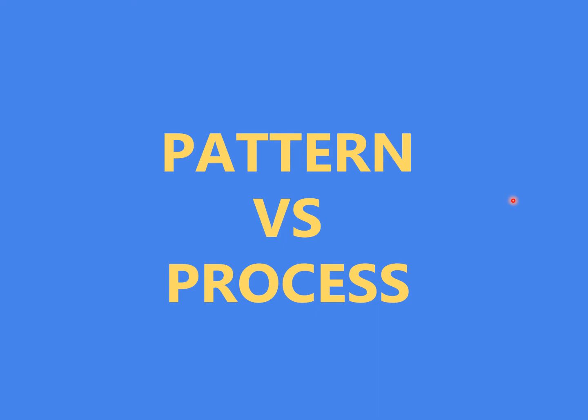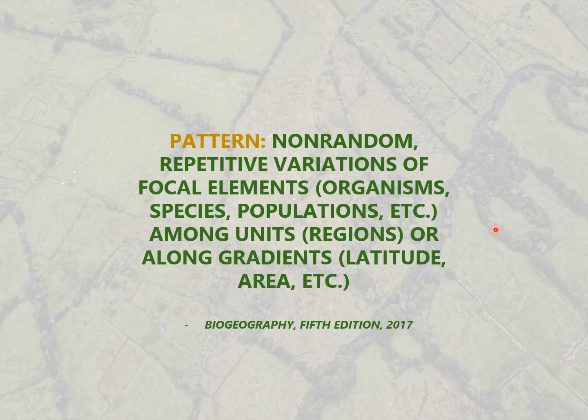So, one thing I want to talk about is pattern versus process, and this sort of dynamic is not really unique to biogeography, but we'll talk in a minute about how we come to these conclusions in a little bit different way. But inherently, a pattern is something that is non-random.